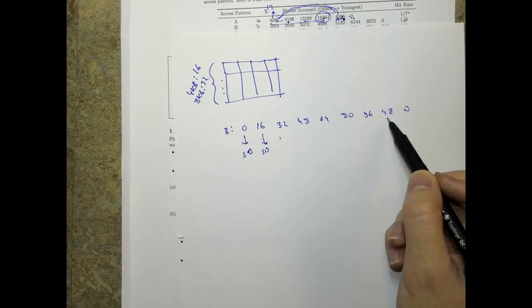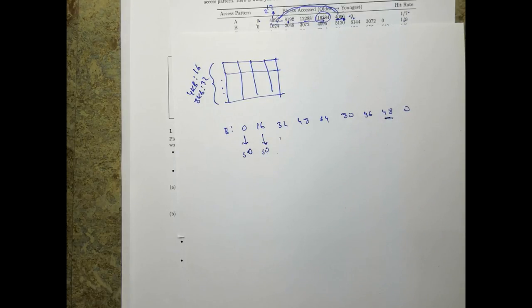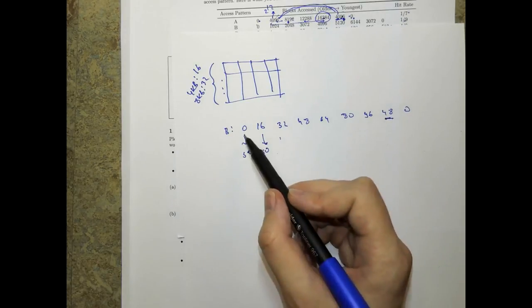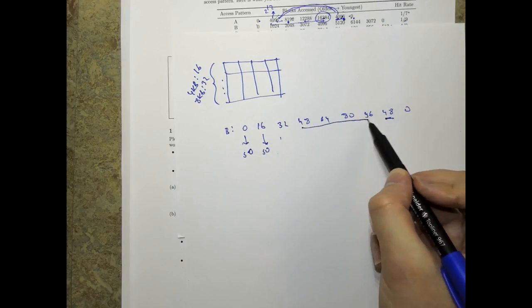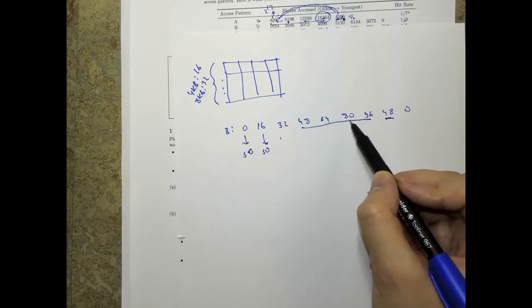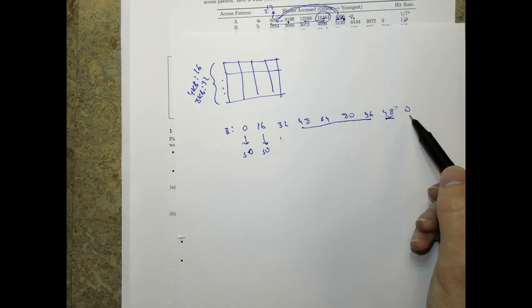It is only on 48, and on 0. If we keep the last 4 in the cache, then we will get a hit for 48, and we will get a miss for 0, so we will have one hit.